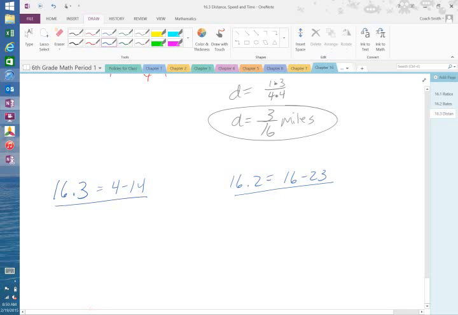So you have 2 assignments, of which we've done quite a few of. Do 16.2 first. Put them in order. 16.2, do it first. 16.3, do it second. That way, since I know it was yesterday when we had the materials, just in case you forgot, we can ask questions. So, go ahead and get started.